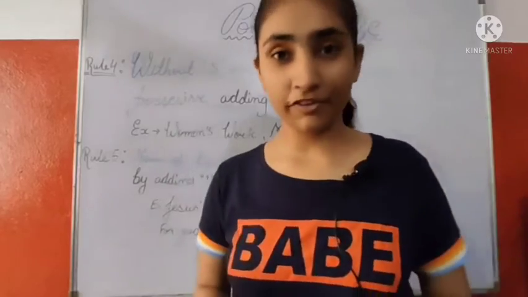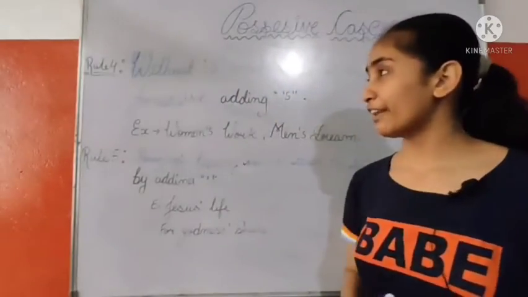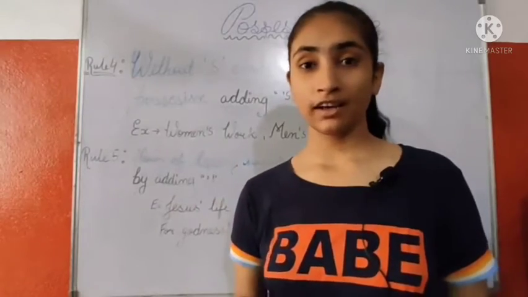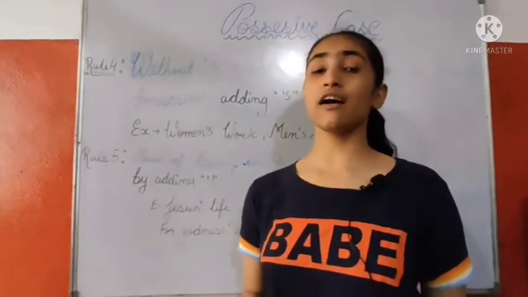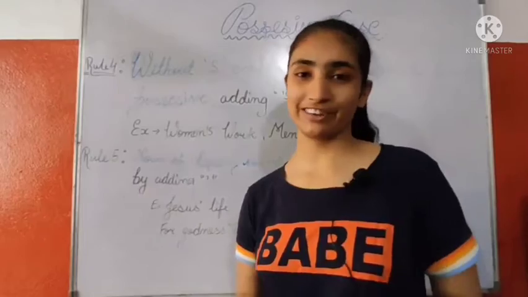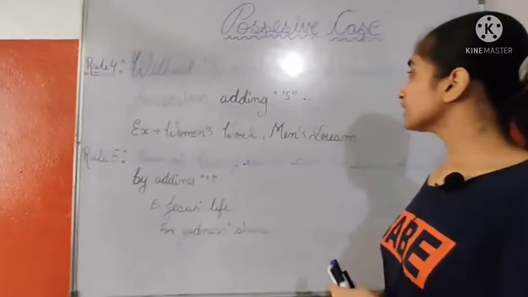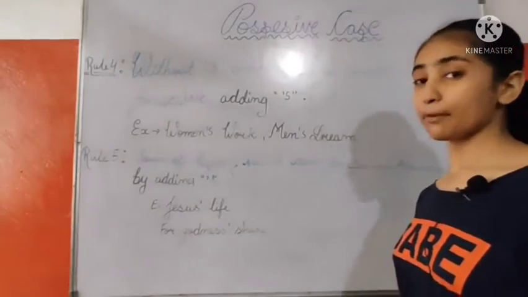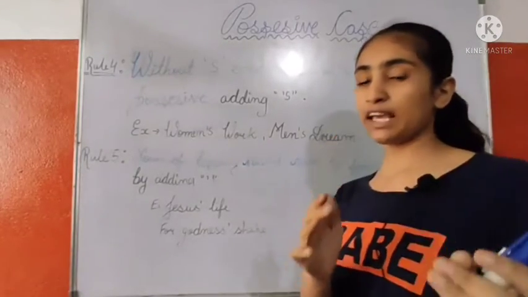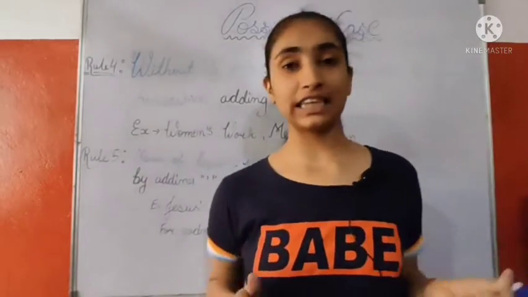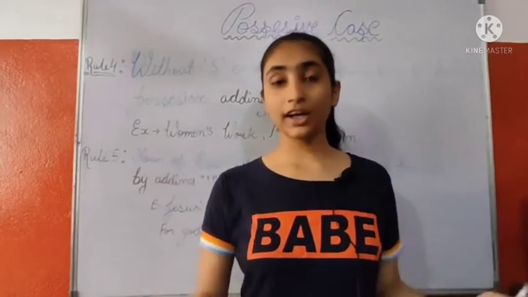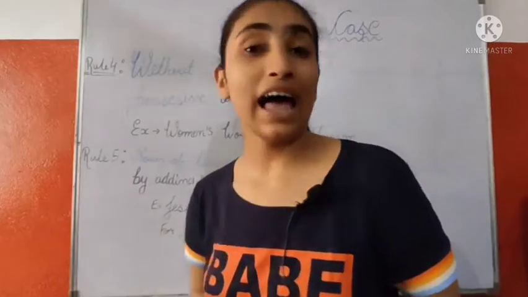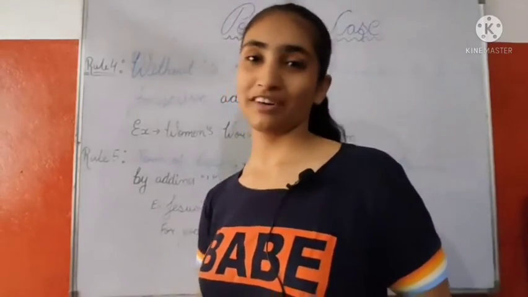In our rule number 4, we can see clearly that just the opposite of the rule we discussed in rule number 3 is given over here. So, without s ending plural noun. Again I am repeating, please pay your full attention over here, because these rules of possessive case can help you in your grammar.